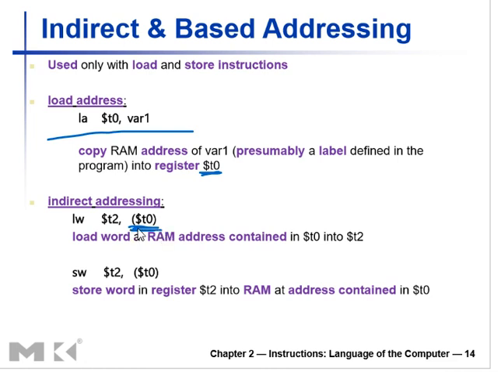If you write something in a bracket, that means it contains the address. So register T0 now contains the address. So that's the meaning when you put something in a bracket. So here register T2, it's going to have a value because I didn't put anything over the bracket. When you write a register in a bracket, that means that register contains the address.